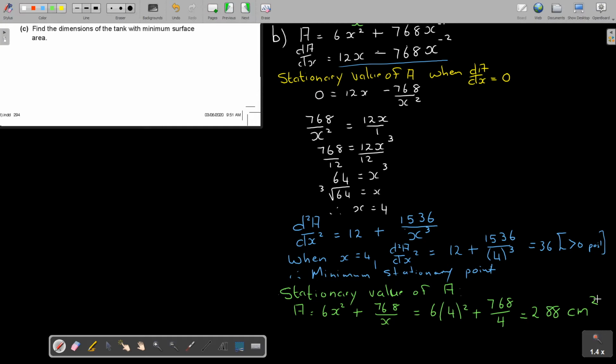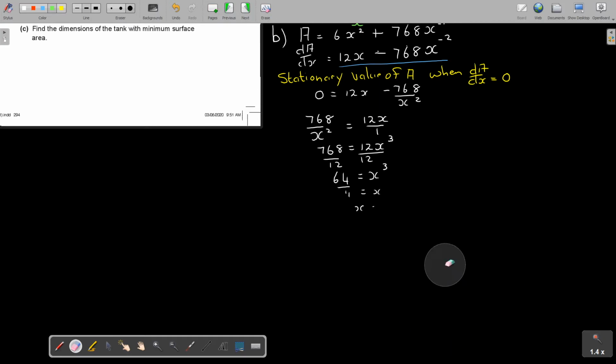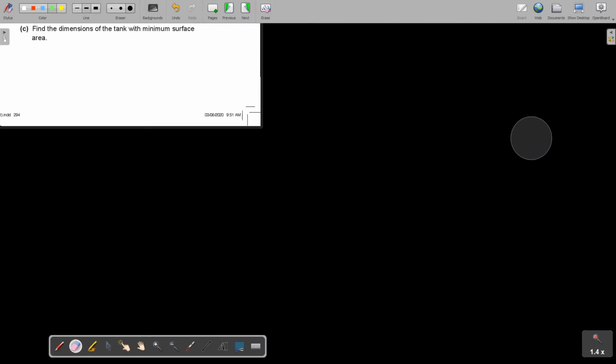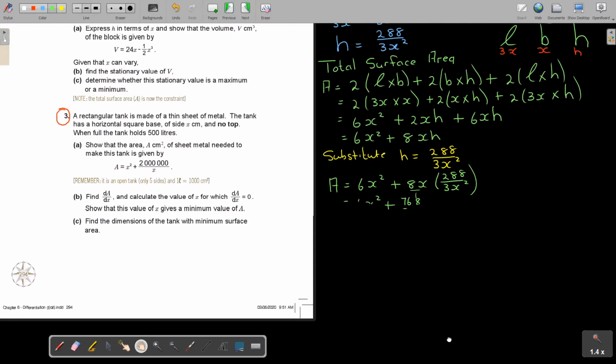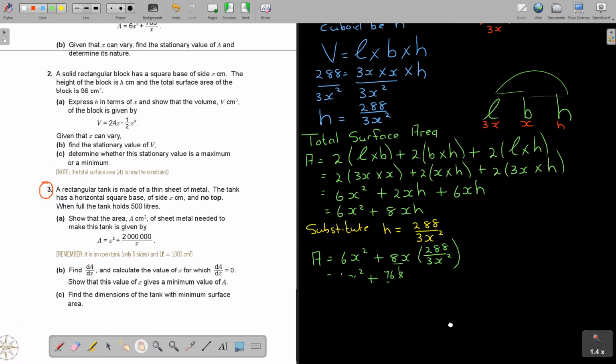It's quite a long sum, quite a long sum. Okay, let's do the next one. It's very good that you practice as many as possible because there's a rhythm. And you must get the rhythm of the sums.